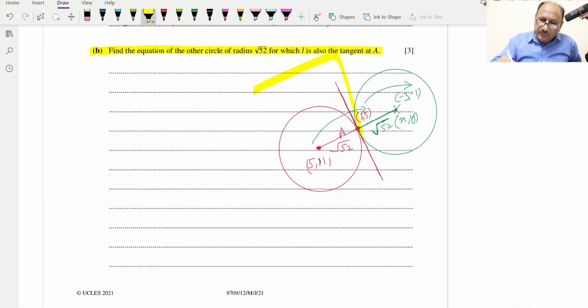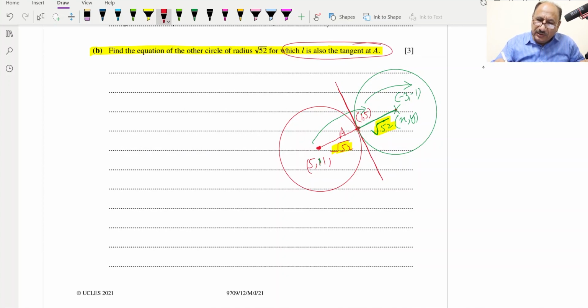This part of the drawing is what we have already drawn in A part. Now we have another circle which is this part, which is also touching this line L. Find the equation of the other circle having the same radius square root of 52, for which L is also tangent at A. So it is also tangent at A.